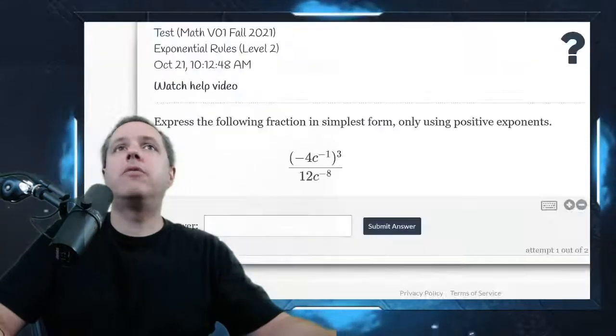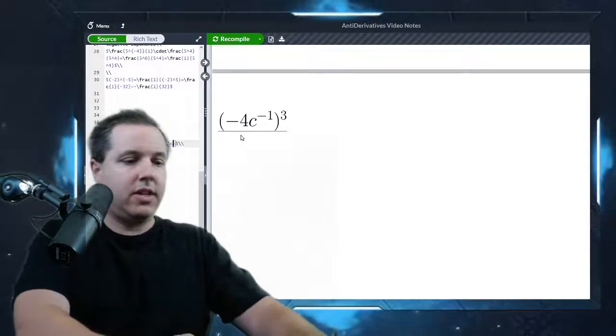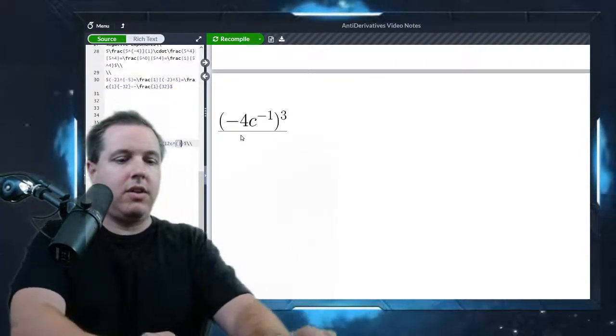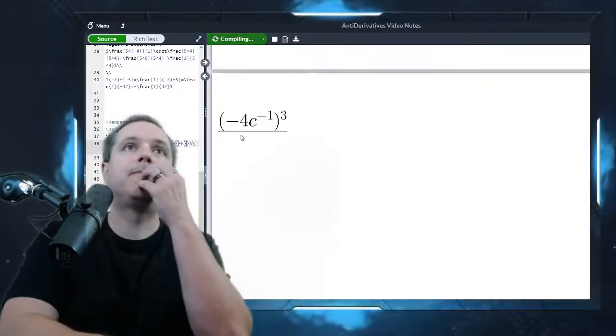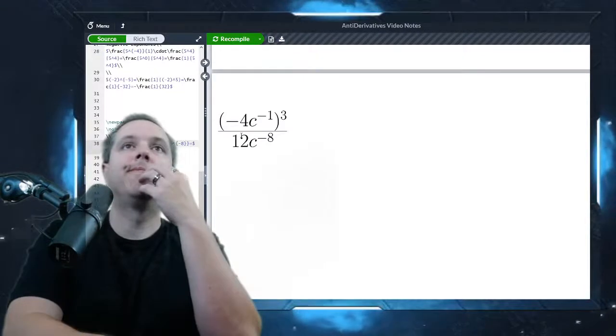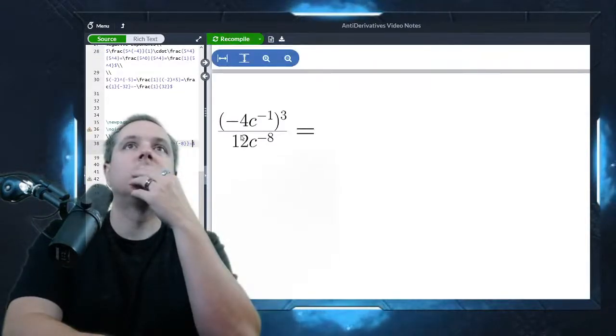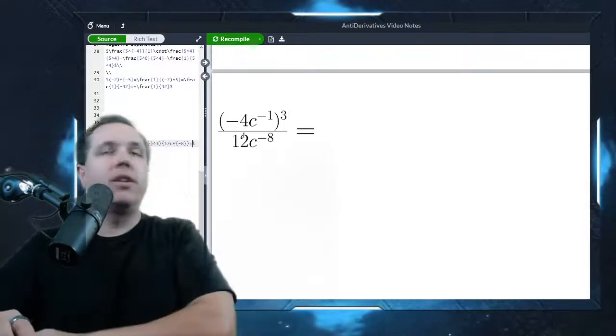All right, let's see. Negative 4c to the negative 1 cubed over 12c to the negative 8. Okay. Okay. So we want to simplify this thing.